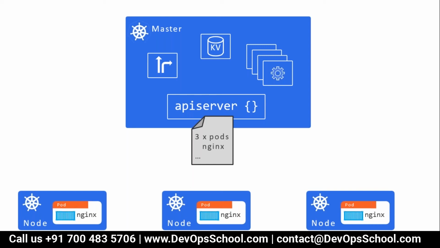Or there are 5 pods I want, but only 2 are running because of some node problem. Earlier it was running 5 pods, but now it's running 2, so 3 pods are missing. The API server gets to know this, so let's create the remaining pods by requesting the scheduler to schedule this work to any available node. If we understand this way, we'll get a better shape. Are you understanding it?